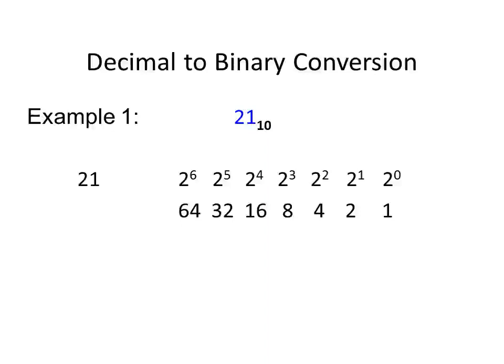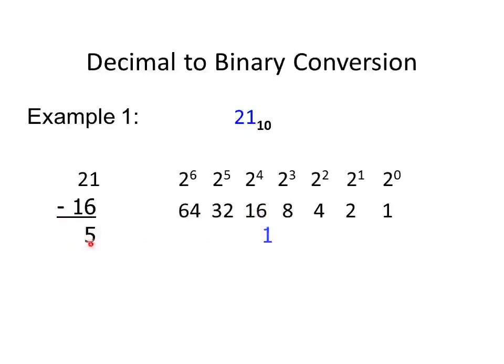Let us take an example. Let us take 21. How does this process work? Now 16 is subtracted from 21. Since 21's nearest value is 16, 16 is subtracted from 21, and as we use 16 here, we place a 1 here.